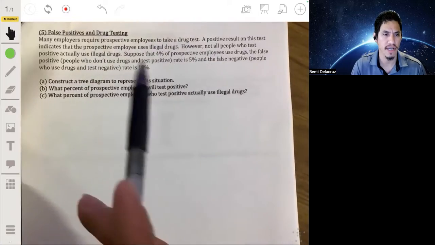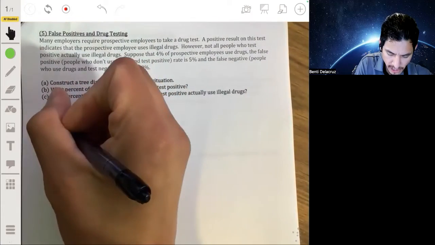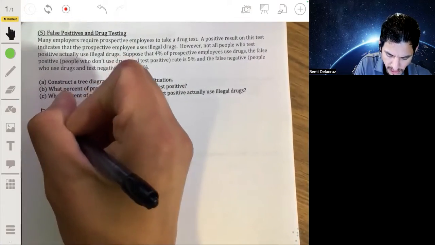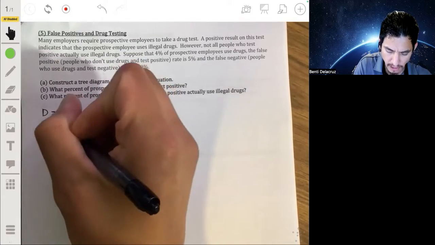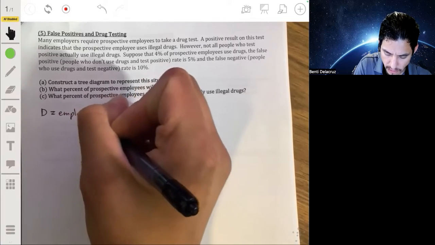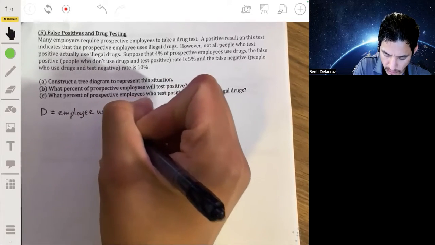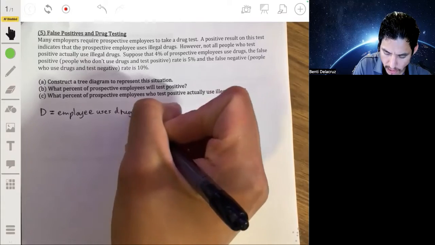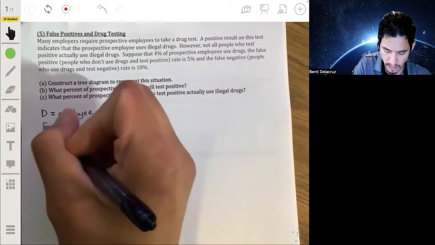So in this case, either you're going to be a drug user, so we'll have capital D, meaning that the employee uses drugs, or they don't use drugs. They're drug free, you could say.